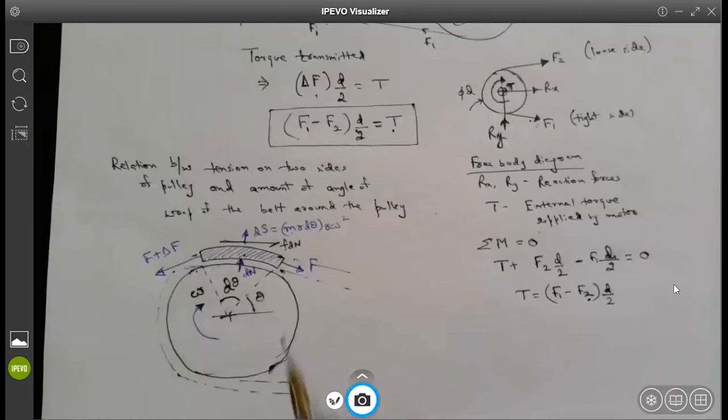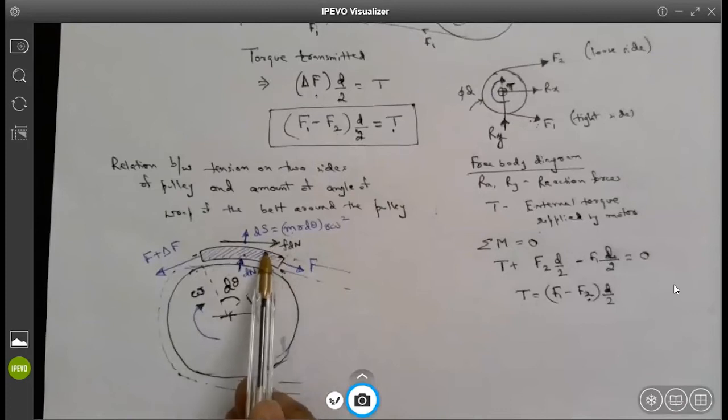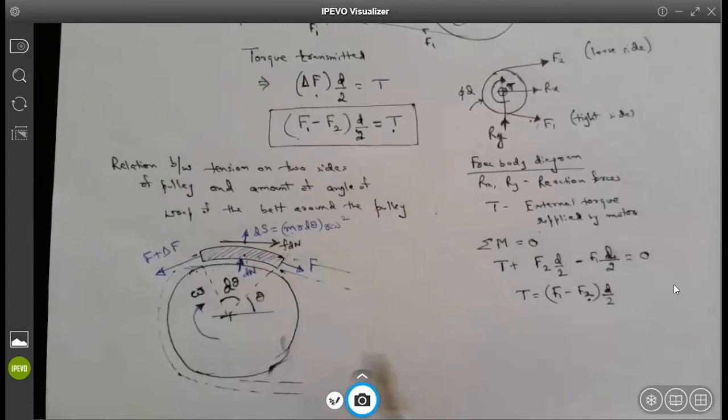Does it make sense to everybody? This is the frictional force, coefficient of friction times the normal reaction. This is the frictional force acting on the belt, not on the pulley. There are two surfaces. Let's say this is my belt and this is my pulley.